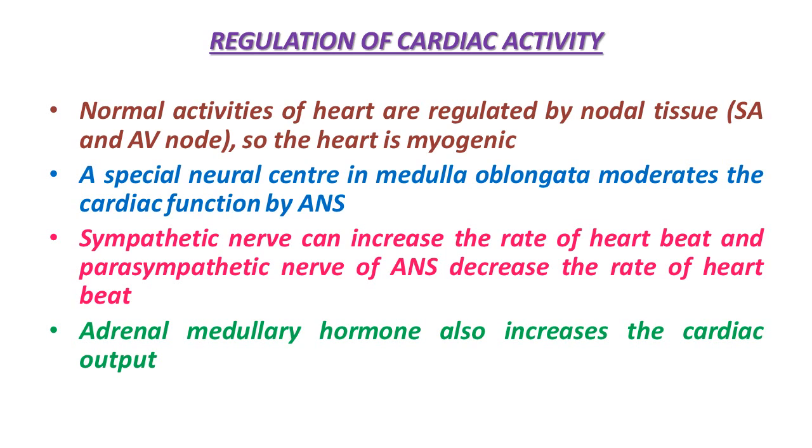Why is it known as double circulatory system? Because deoxygenated blood and oxygenated blood, both types of blood, circulate separately, and that's why it is known as double circulatory system. You know very well about the circulation pathway of blood in the human heart.